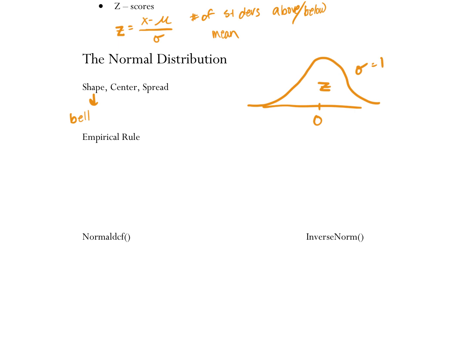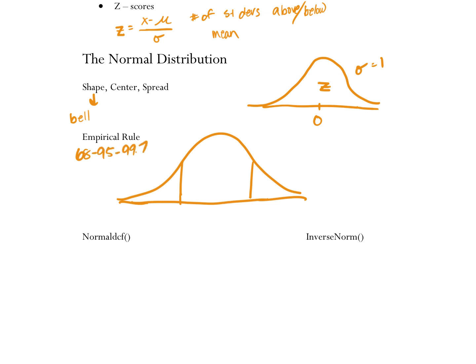All right. Now, the empirical rule said if I go one standard deviation on each side, I have 68% of my observations. Again, this only applies to normal distributions.